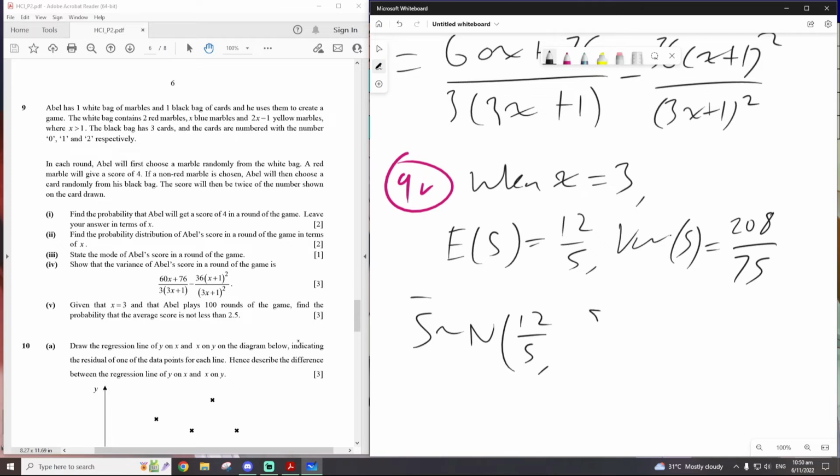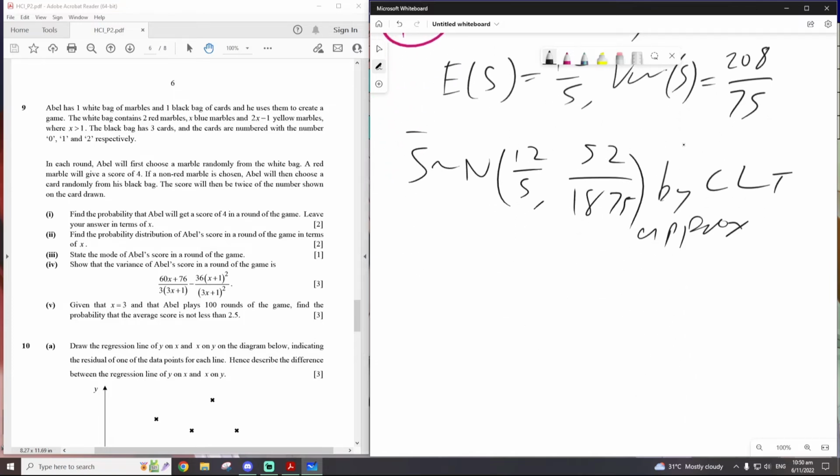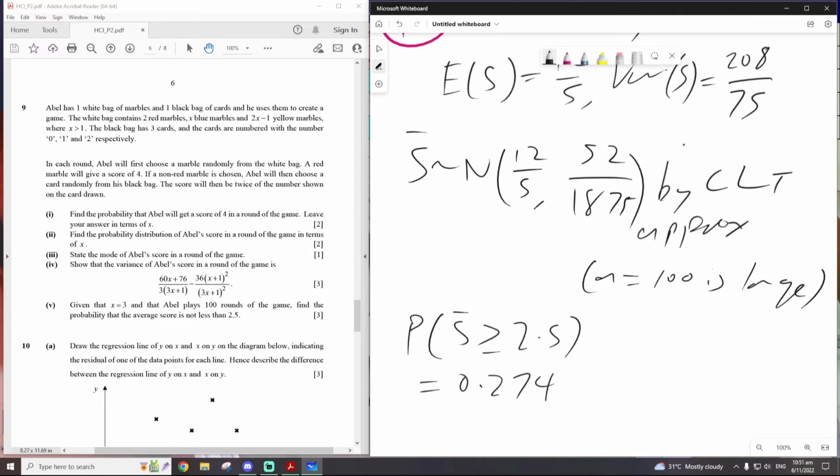So you will actually get variance 52 over 1875 by CLT approximately, since n equals 100 is large. So that's cool. And we just need to calculate the probability S bar is greater than or equal to 2.5, which you will get 0.274.